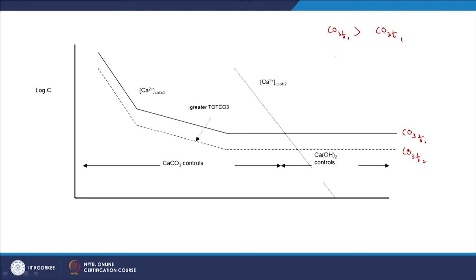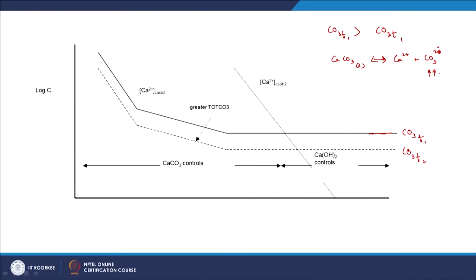You know that the solid CaCO3 can be in equilibrium with Ca2+ and CO3 2-. For a given case of CO3 total 1, we looked at the earlier case for this solid line. But if I end up increasing the CO3 total, how is the system going to change?